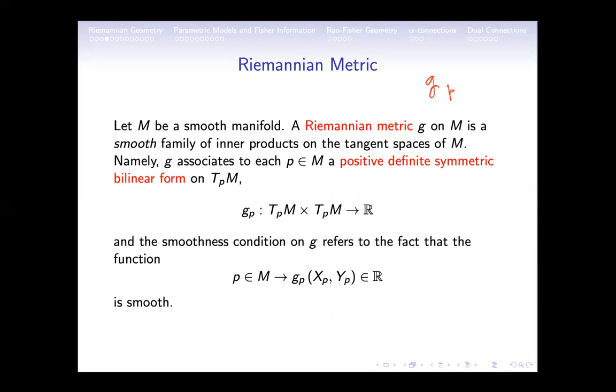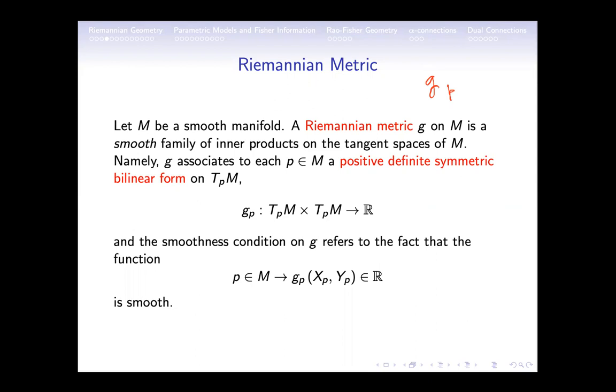This is basically the inner product on the tangent space at p, and the transition from p to g_p should also be smooth. These are geometric smoothness conditions. We are giving more information on the tangent spaces at each point, like inner products, angles, lengths, and so on. So now we know the length of a tangent vector at a point, after defining the Riemannian metric.